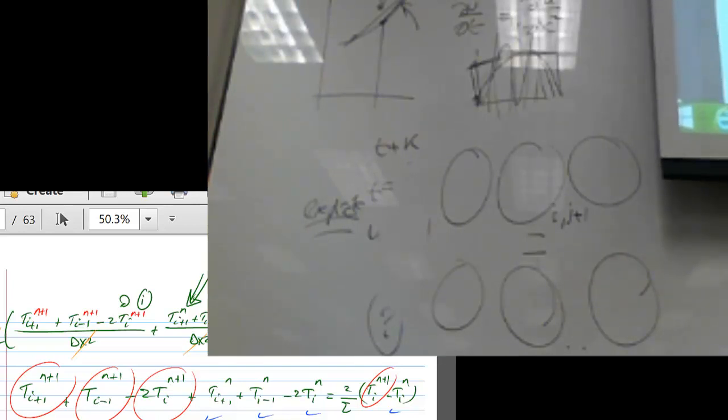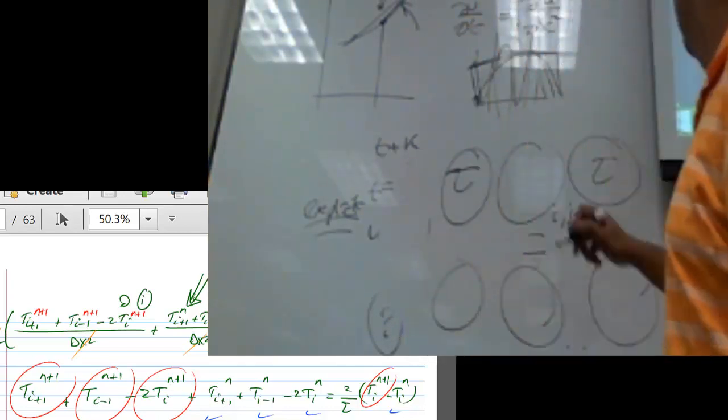See this 2 over tau? We probably have to bring the tau over here. This becomes tau, tau, minus 2 tau. And this is tau, tau, and minus 2 tau. And this just becomes 2 and 2. So what will show up over here? Tau, right?